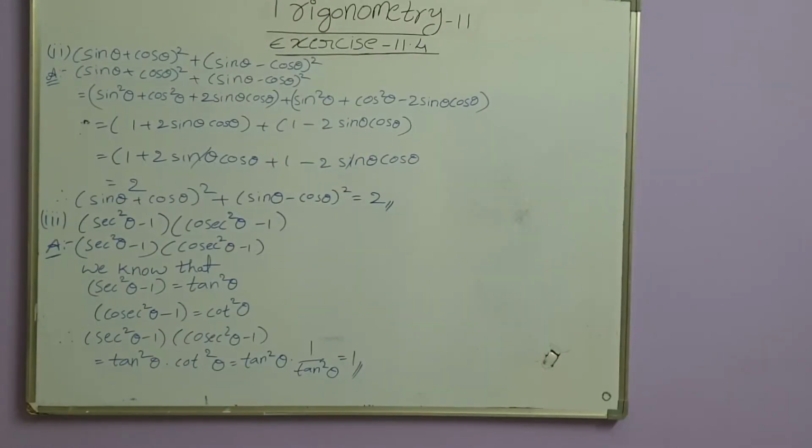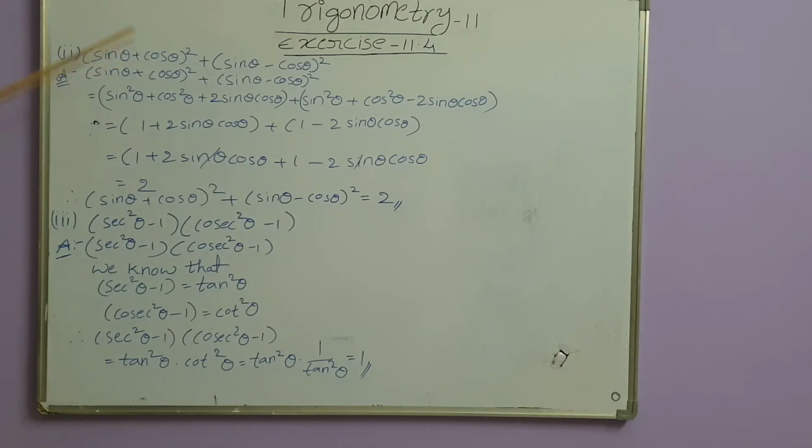In this second one, (sin theta plus cos theta) whole square plus (sin theta minus cos theta) whole square. So (a plus b) whole square plus (a minus b) whole square. (a plus b) whole square formula is a square plus b square plus 2ab, and (a minus b) whole square formula is a square plus b square minus 2ab.